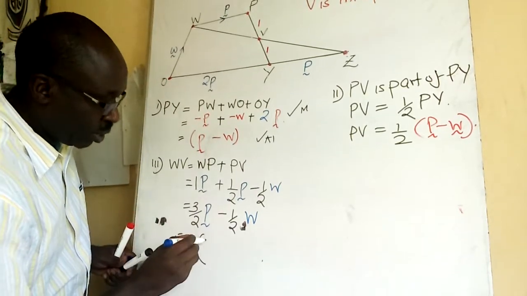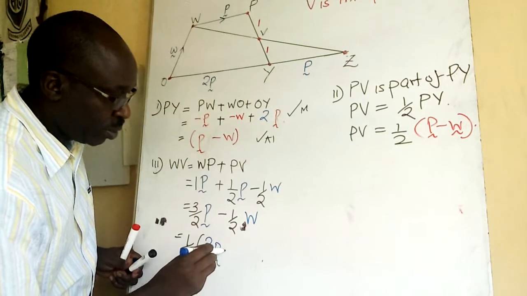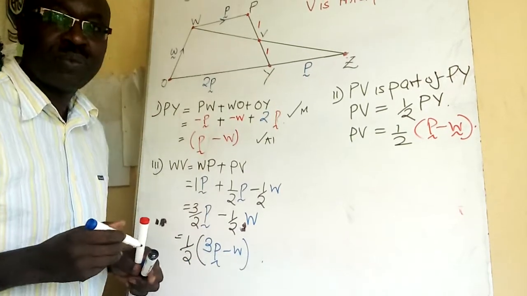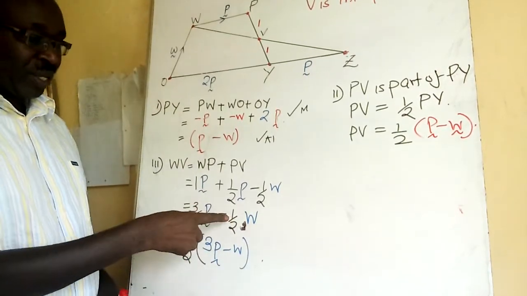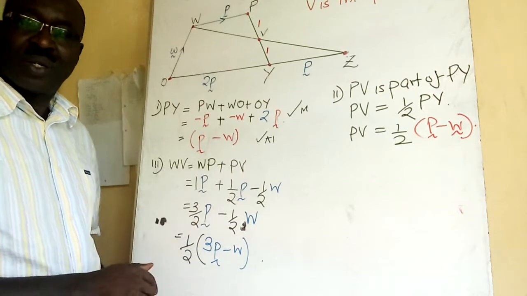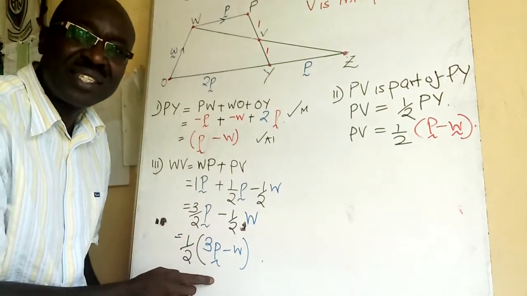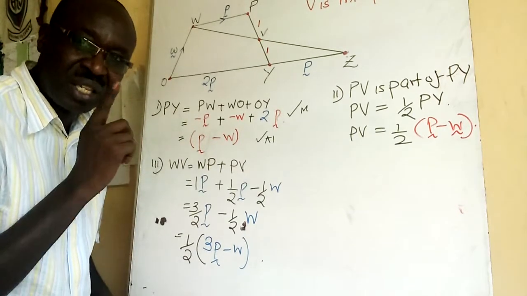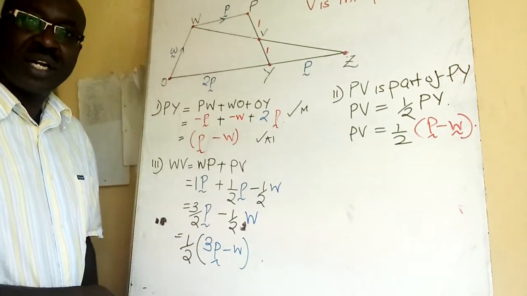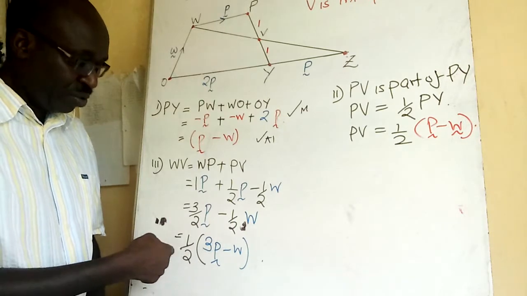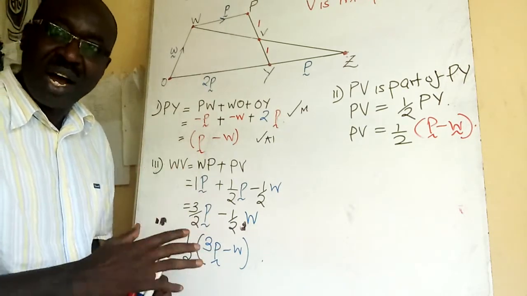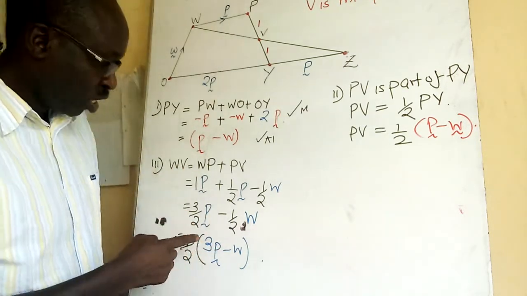What remains? 3P minus W. See, a half is common. Then you remain with that. That is nice. This is the stuff that you need. Okay? That is the stuff that you need. Learn how to create a bracket. Don't stop here.